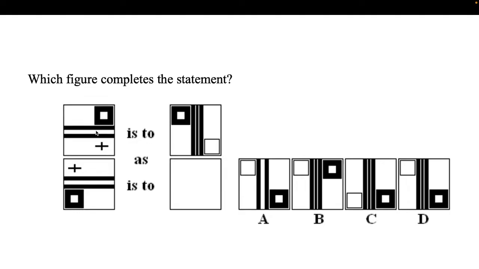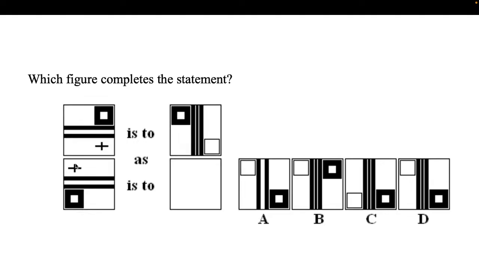Okay, so from its horizontal position it has now become vertical with an additional line in the middle. The square moved from its right position to the left, and the cross has now become a white square.